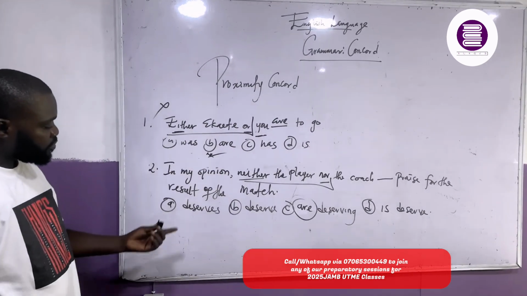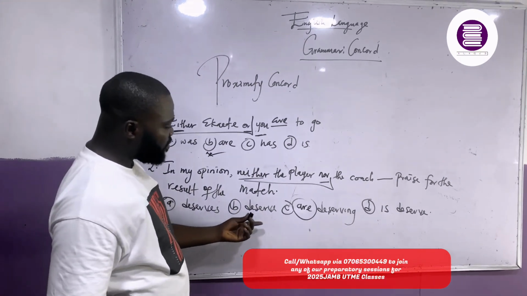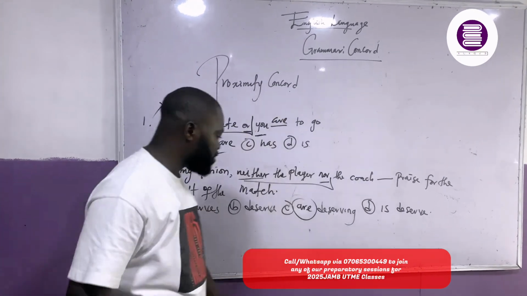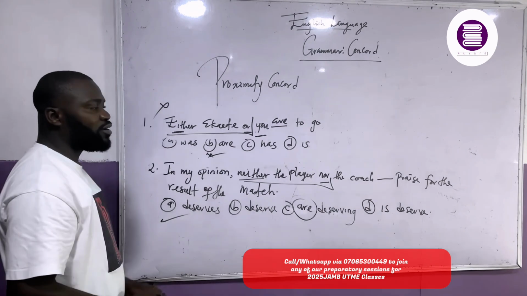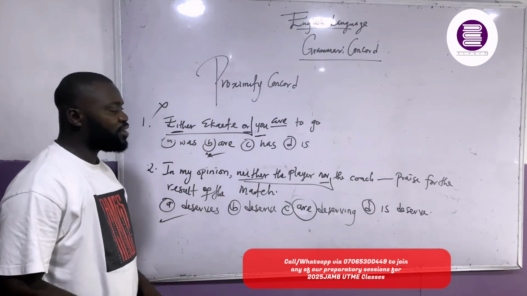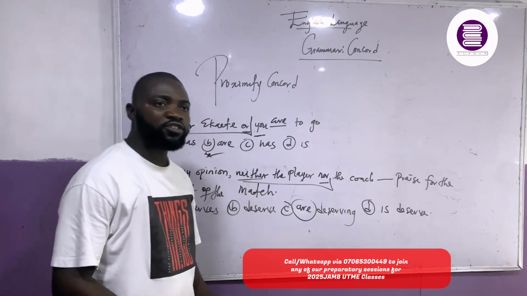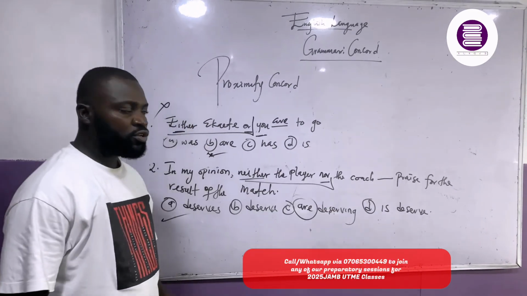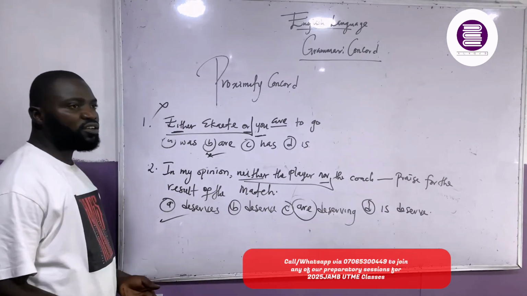Looking at the options, deserves, deserve, and deserving, it is only deserves that is grammatically coherent or aligned with the subject, which is what? The coach, which is singular, and this is also a singular verb.